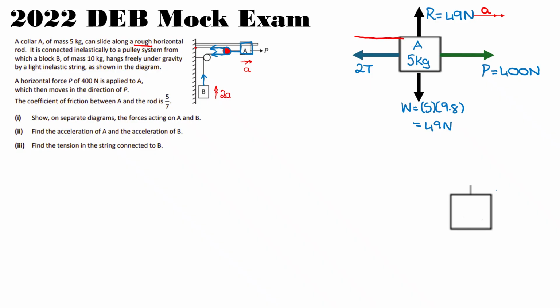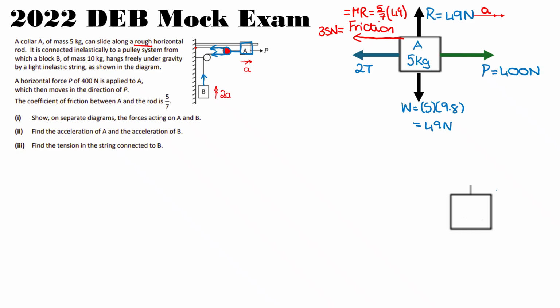So that friction force, I'm going to put on the top because of the way that it is hanging on the rod. So our friction here is going to equal mu times R, which is going to be 5/7 times our reaction, which is 49, which gives us our final answer of friction of 35 newtons.